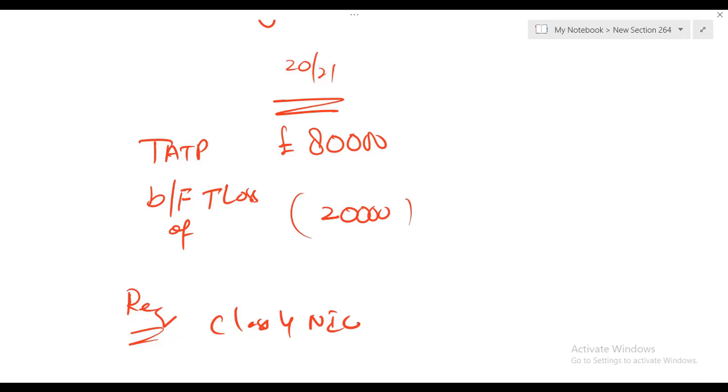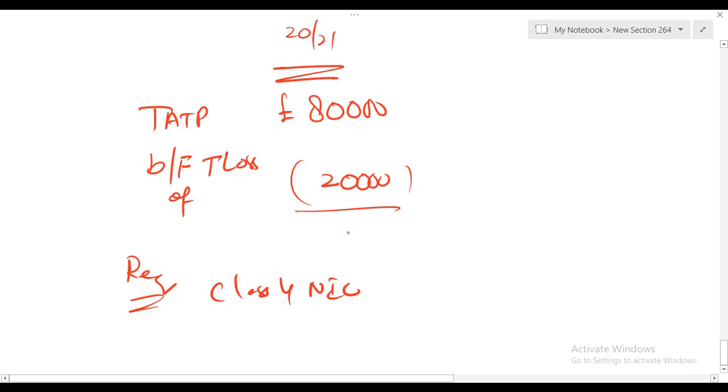But if there are trading losses, first you have to deduct the trading losses from your tax adjusted trading profit, and on whatever comes, you apply class 4 NIC. In this question, I am not going to calculate class 4 NIC on 80,000. I am going to calculate it on 60,000.